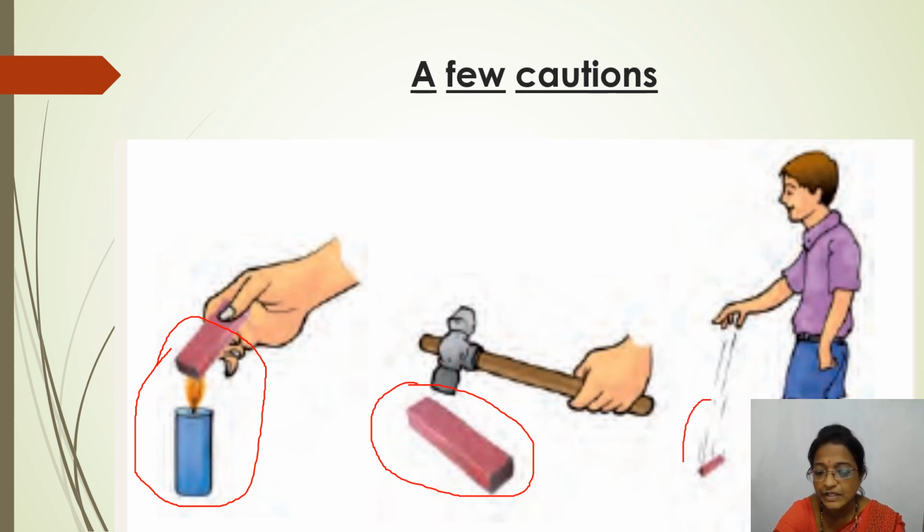And if we throw the magnets, then also they lose the property. Magnets will also become weak if they are not stored properly, so we should store these magnets in a proper way. Now let us see how to store magnets.